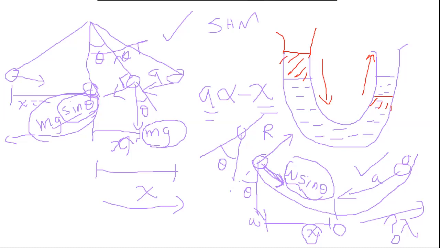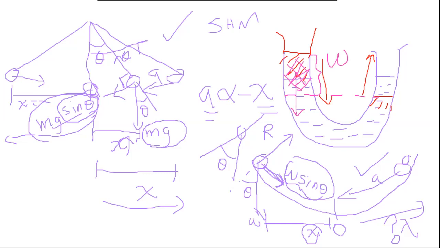Let me show you. At this level, this is the water level. The weight of the water just above the equilibrium position is the one that contributes to initiating the oscillation.